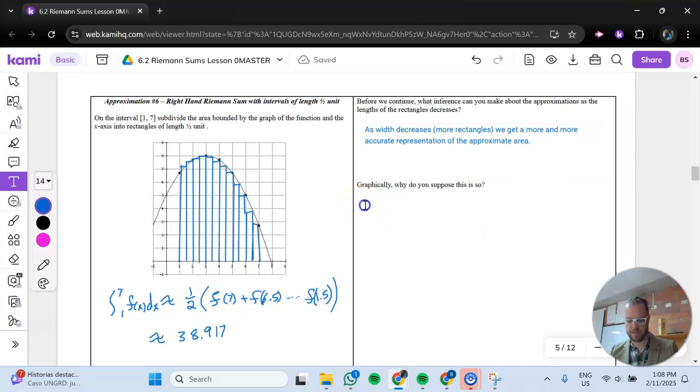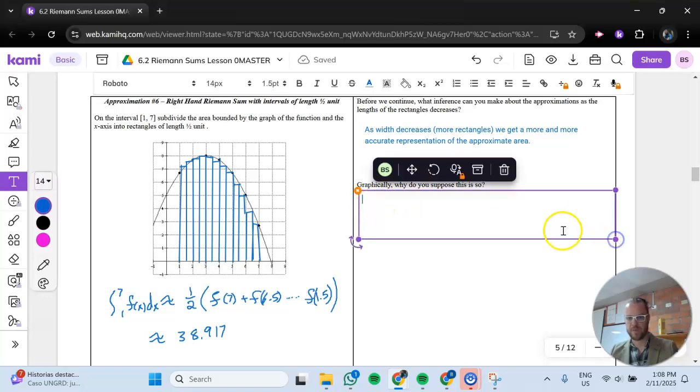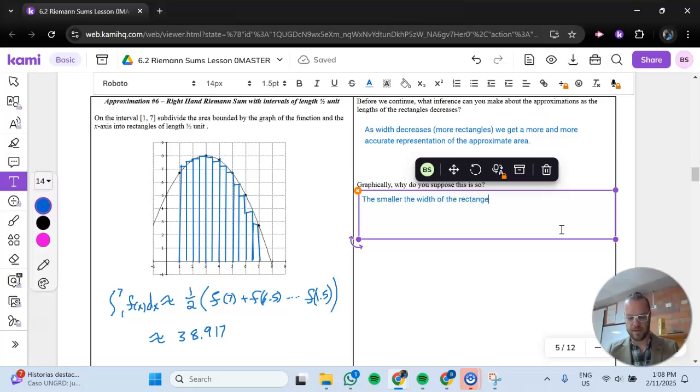Graphically, why do we suppose this is? Well, graphically, this is because the smaller the width of the rectangle, the less, let's call it overage or underage. Not that these are real terms, but basically the less stuff we're including that we shouldn't, for overages, and less underage, not including parts that we should.